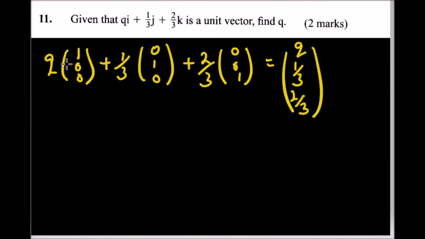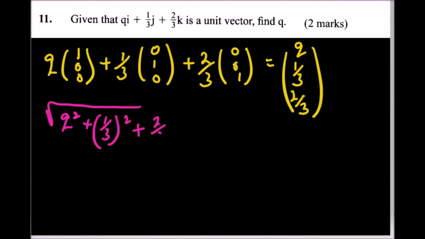To find the magnitude of a vector, we normally say we get the square root of the elements squared, that is the elements of this vector. We can call it a column vector. So we have q squared, and then plus a third squared, and then plus 2 over 3 squared.